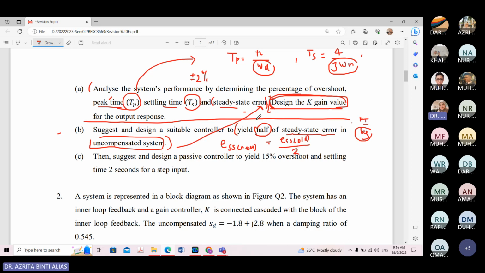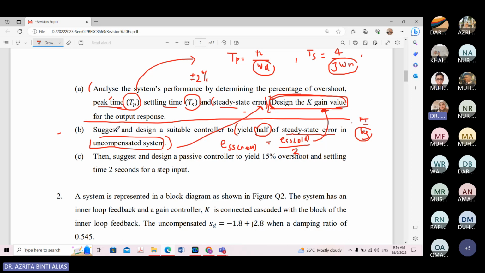Okay, 2 because of half. If they say quarter, that means you need to divide by 4. So it depends on the question. ESS new is the ESS desired, and ESS old here refers to the ESS that we obtain from the K gain controller. So that is the mathematical equation from the objective in the question.